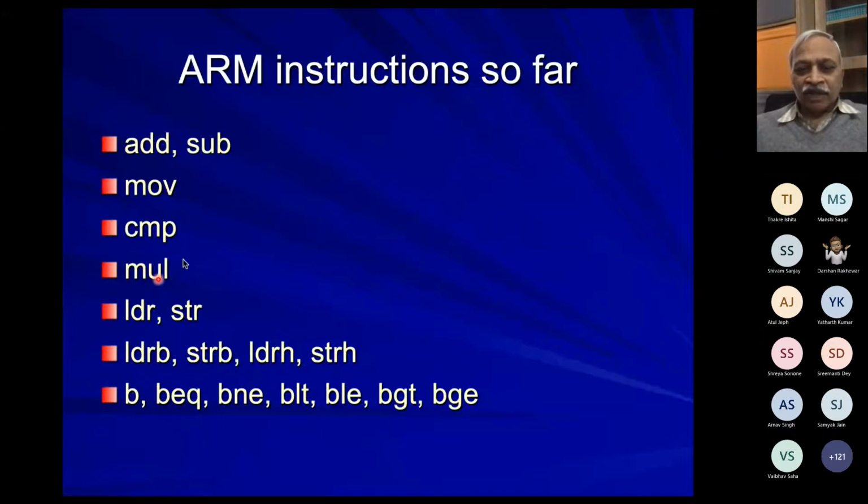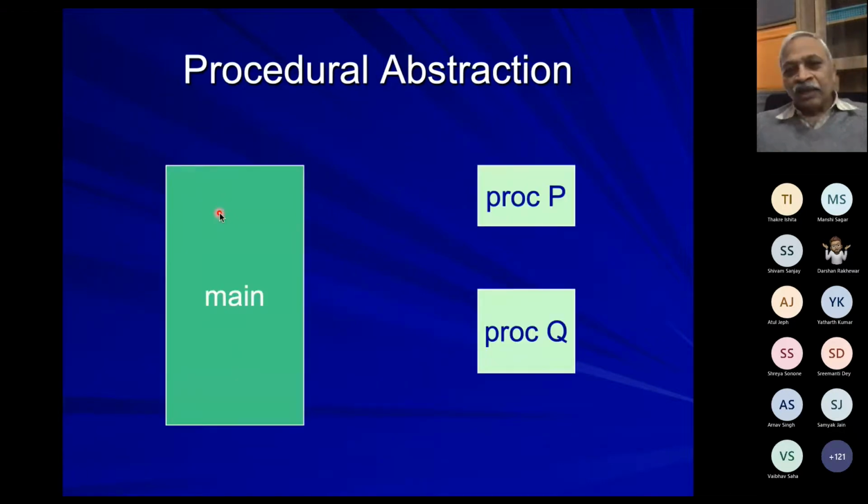This is just a starting set of instructions, and as we take more examples and discuss further, you'll see more instructions. But this gives you some feel or essence of what is there. The instructions we have talked of do take care of simple control flow like if-then-else or loops.